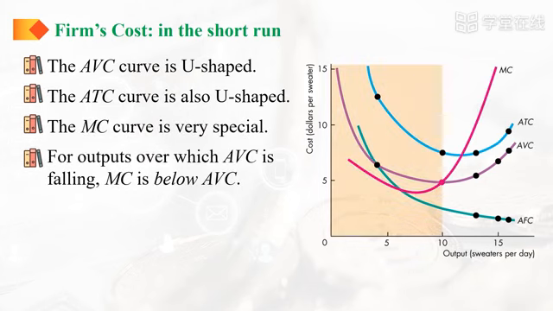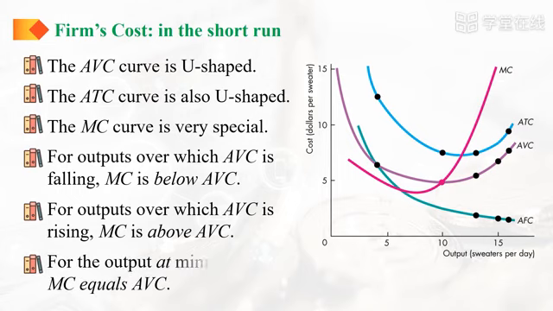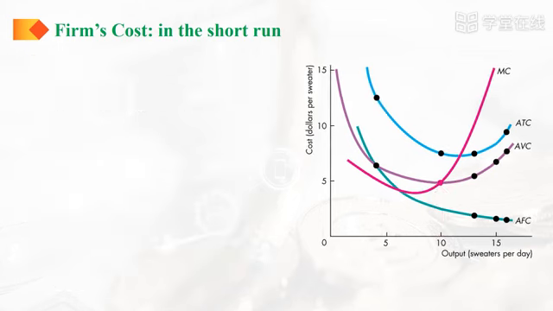For outputs over which AVC is falling, MC is below AVC. For outputs over which AVC is rising, MC is above AVC. For the output at minimum AVC, MC equals AVC.